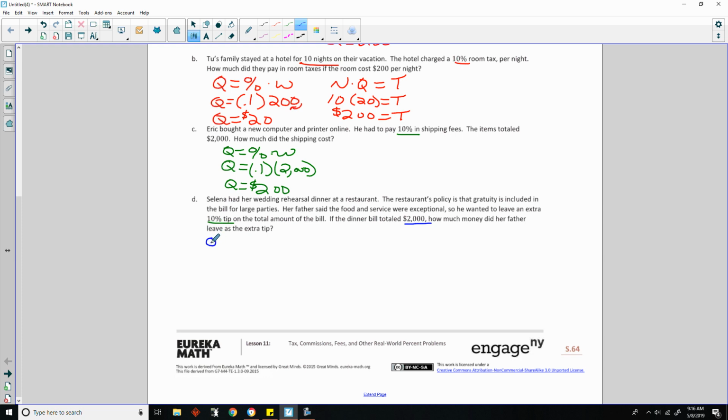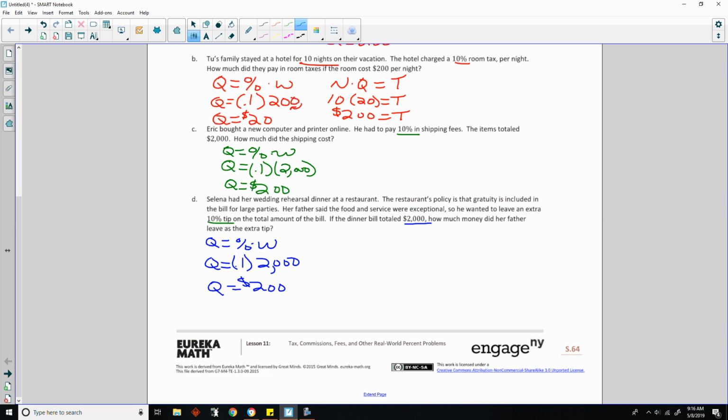So that is our quantity, the extra tip. And that equals some percent times the whole cost of the meal. It was 10%, which is 0.1, times the whole, which was $2,000 for the dinner. So the quantity equals 0.1 times 2,000, which is $200, on top of the tip that was already included in the dinner.